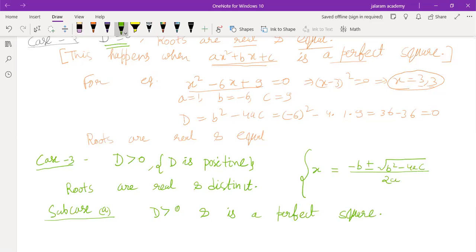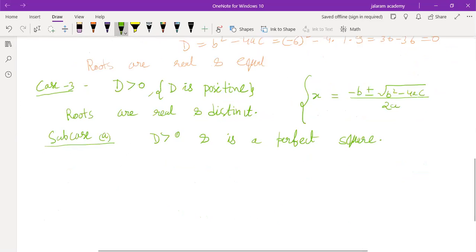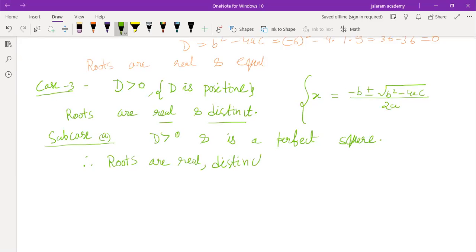So if discriminant is greater than 0 and is a perfect square, okay, then roots are rational. Means first two we already have discussed. Roots are real, second, distinct. And third, one more property will be there. They are rational.